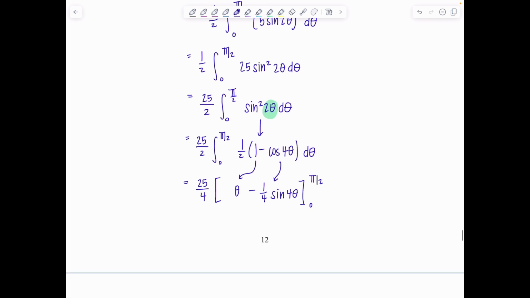So let's see, this is 25 over 4 times pi over 2 minus 1/4 times sine of 4 times pi over 2, so sine of 2 pi, we know that's 0. Minus, if I'm plugging in a 0, 0 plus 1/4 times 0. So all that's left is that pi over 2. 25 over 4 times pi over 2, 25 pi over 8.